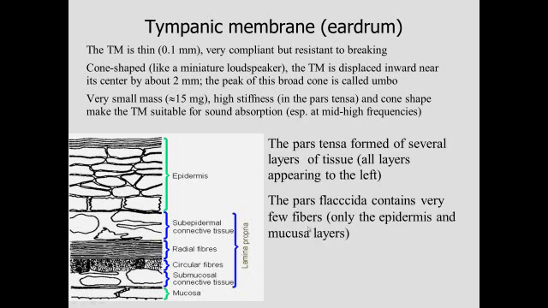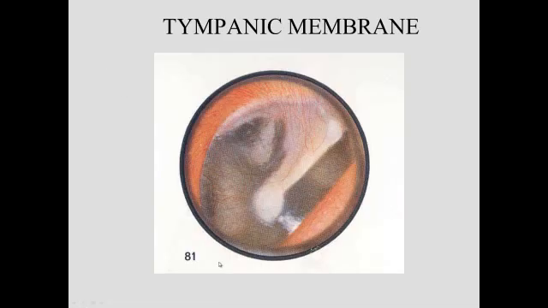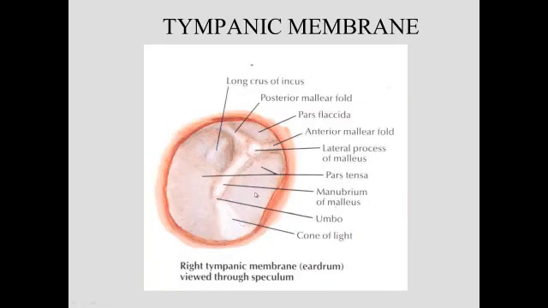The pars flaccida only contains these two layers, the epidermis and the mucosal layer, without all of this stuff in the middle. What that means is that the pars tensa is much stiffer, or tense, than the pars flaccida, which is much floppier or flaccid.